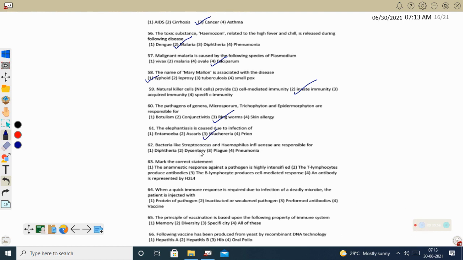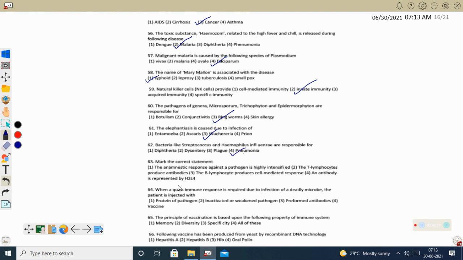Next question. Bacteria like Streptococcus and Haemophilus influenzae are responsible for. Streptococcus pneumoniae and Haemophilus influenzae are responsible for the disease called pneumonia.